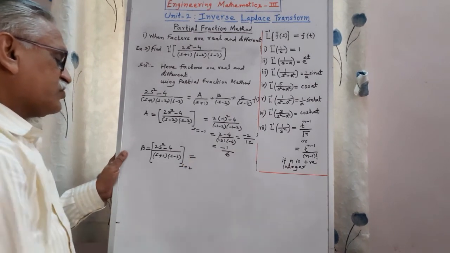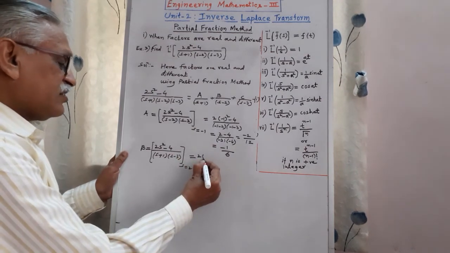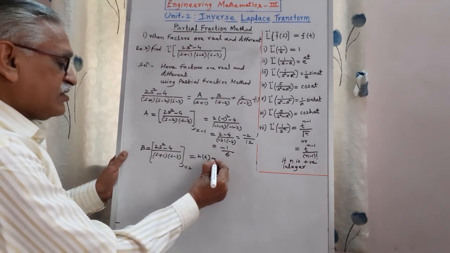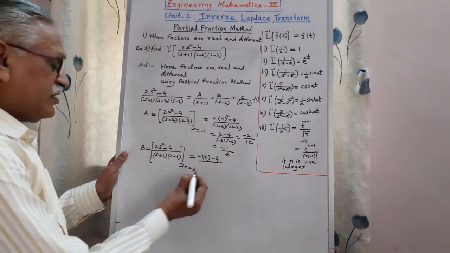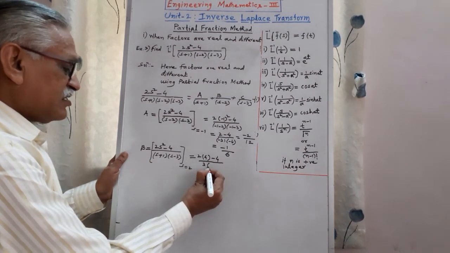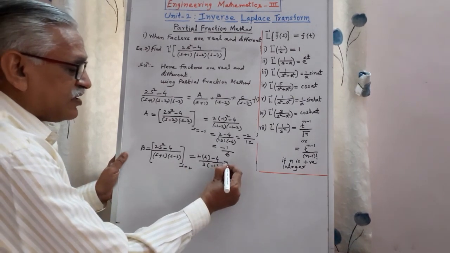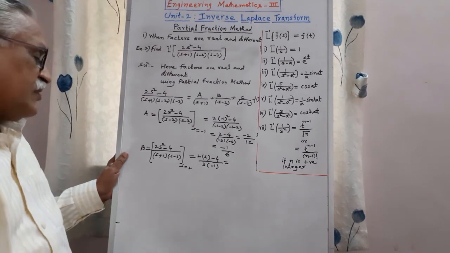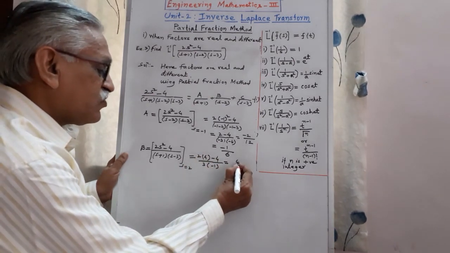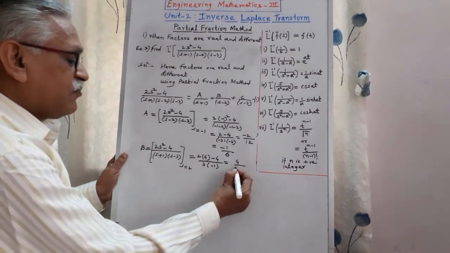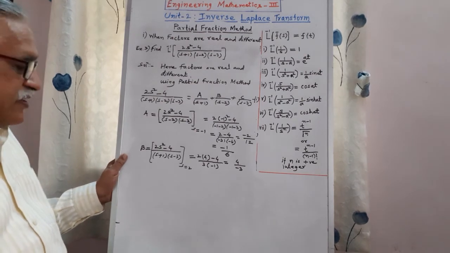Therefore it is 2 times 2 square, 2 square is 4, minus 4, divided by 2 plus 1, which is 3, and 2 minus 3, which is minus 1. So 2 fours are 8, 8 minus 4 we get 4 upon minus 3, therefore that value is minus 4 by 3.